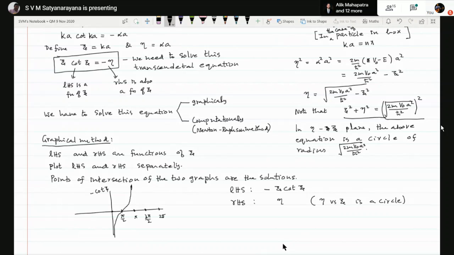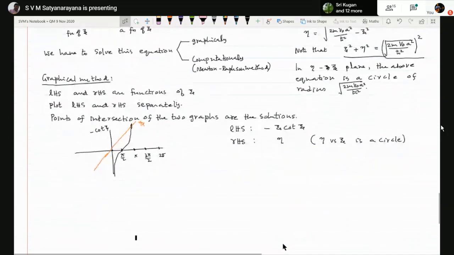Now, what is xi? In the same graph, let me draw xi. Xi is simply a straight line. If I multiply this and this, the nature of this curve does not change much. It will get a little bit extended.